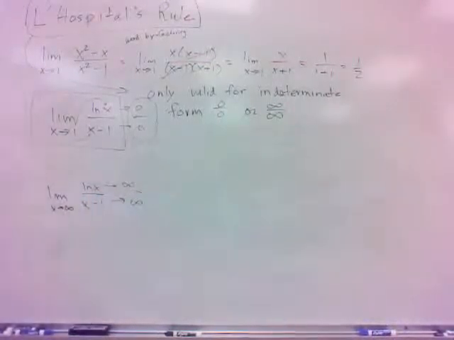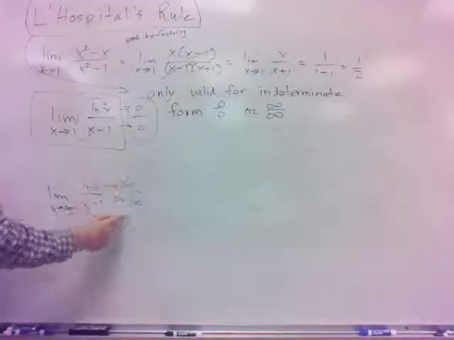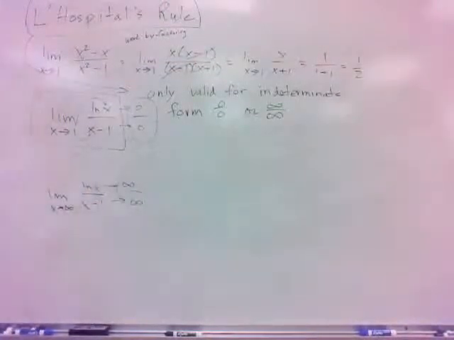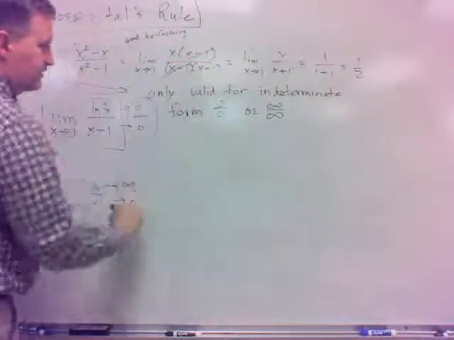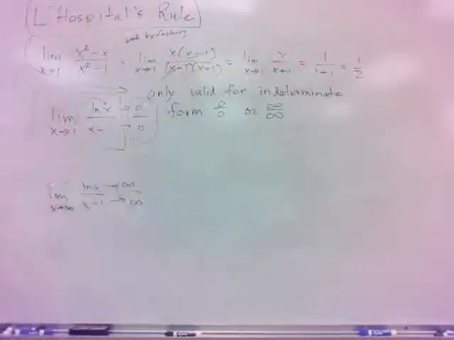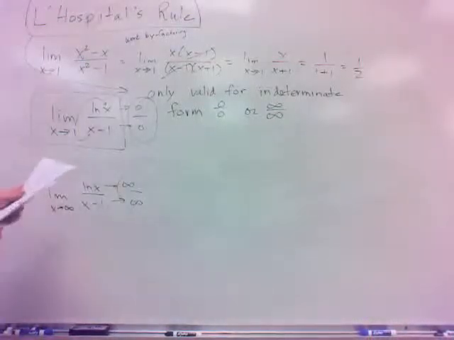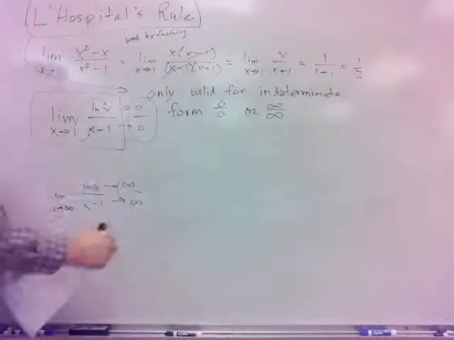Essentially the top's going to infinity, the bottom's going to infinity. So this is what is meant by 0 over 0, infinity over infinity: it's just what the numerator and denominator go to. Okay, so here is L'Hôpital's rule.